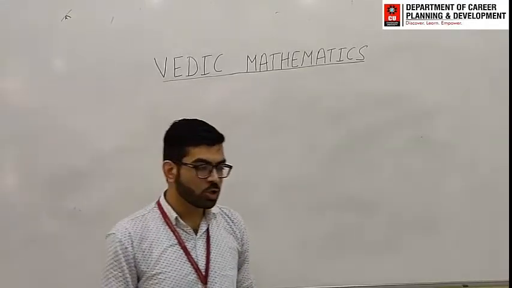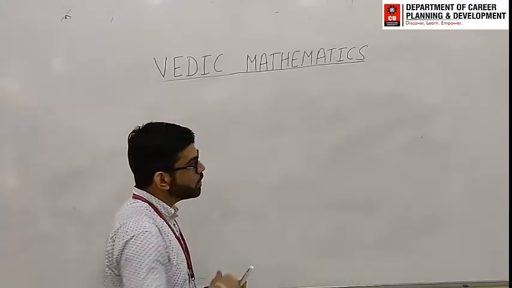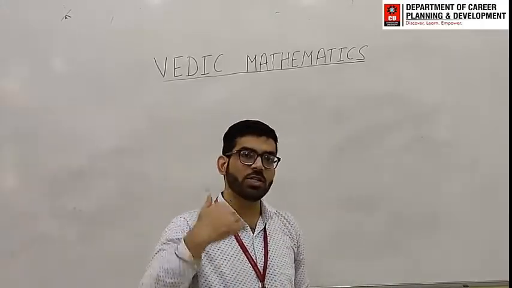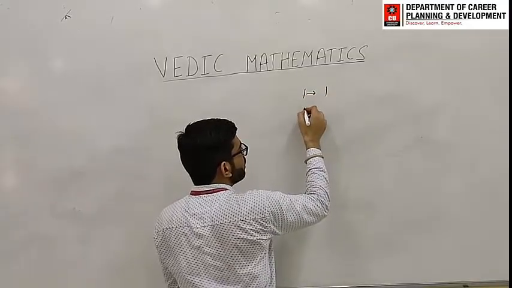Okay, let's deal with the last topic, the square roots of numbers. How will you find the square roots of a number? For that, you need to remember the squares of at least the first 10 numbers. Square of 1 is 1.